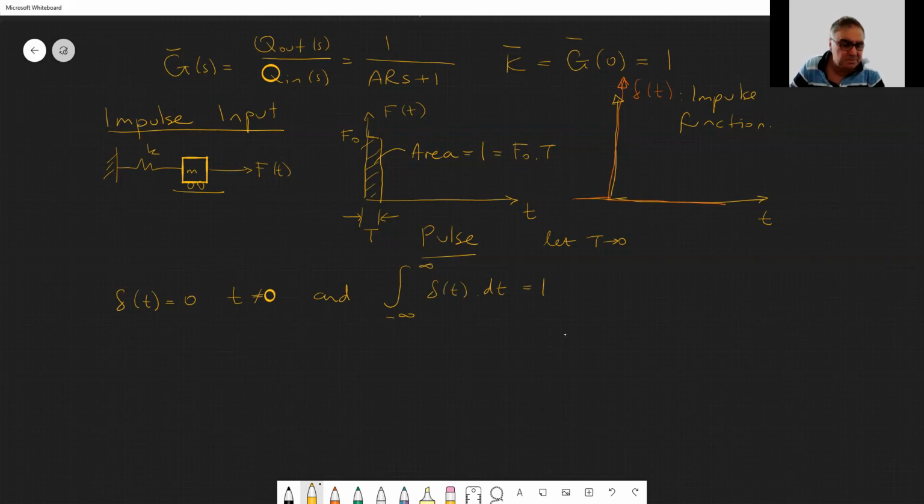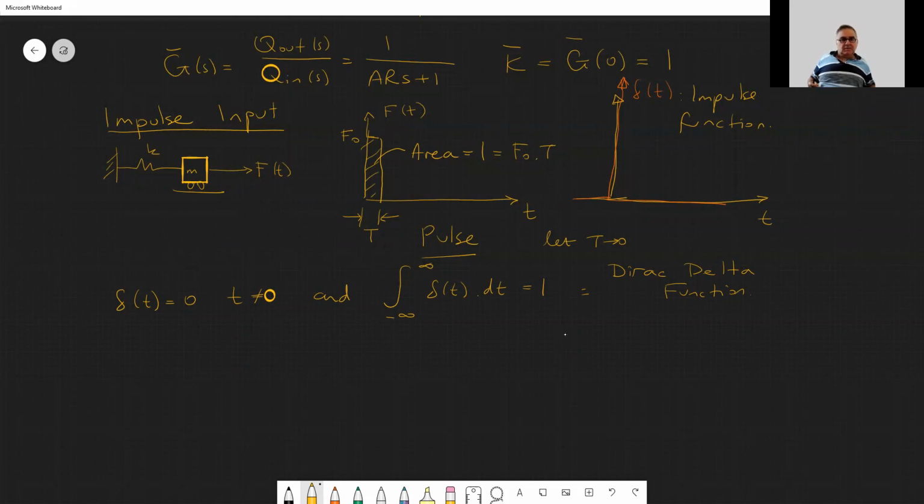It looks strange. It is not very realistic. It is not something you can achieve, but you can only approximate. And this function has a certain name because of this physicist, the Dirac delta function. And it's not a real function, but anyway.